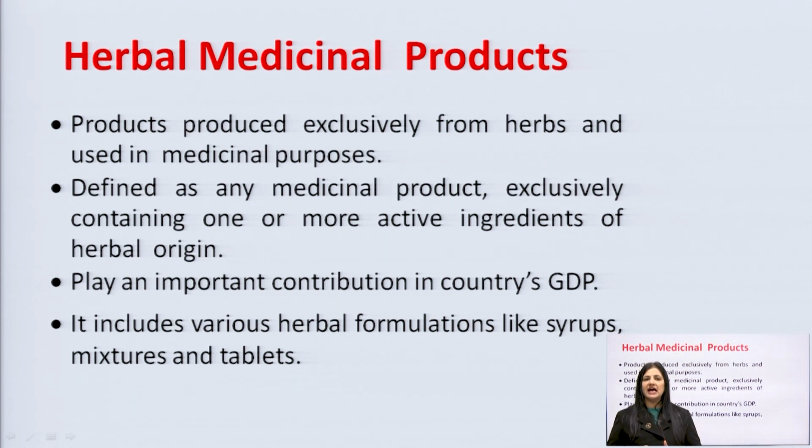They are defined as medicinal product exclusively containing one or more than one active ingredients of the herbal origin. They play an important contribution in any country's gross domestic product. It includes various herbal formulation like syrup, mixtures and tablets.